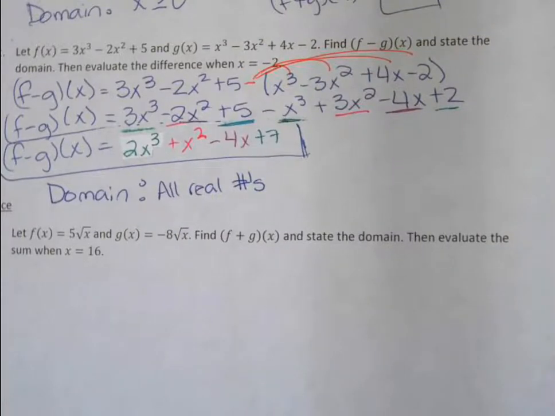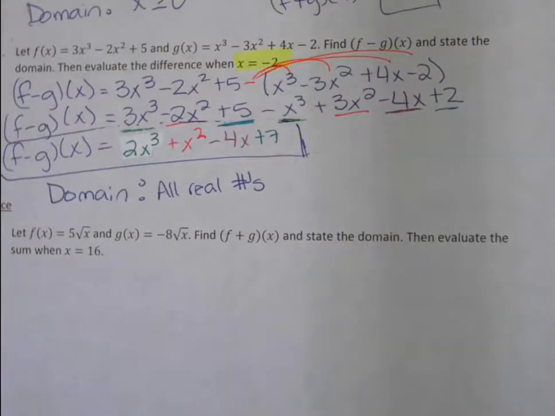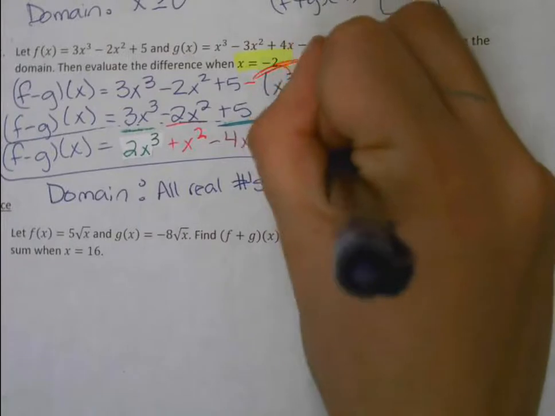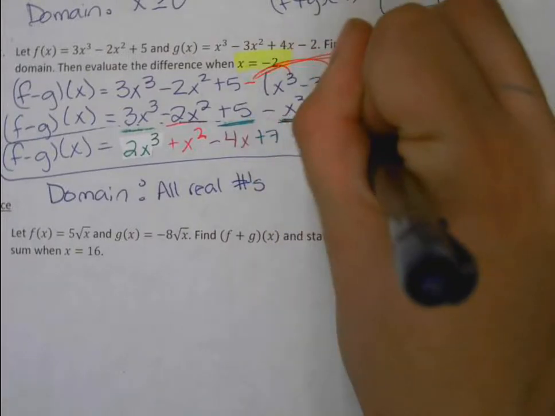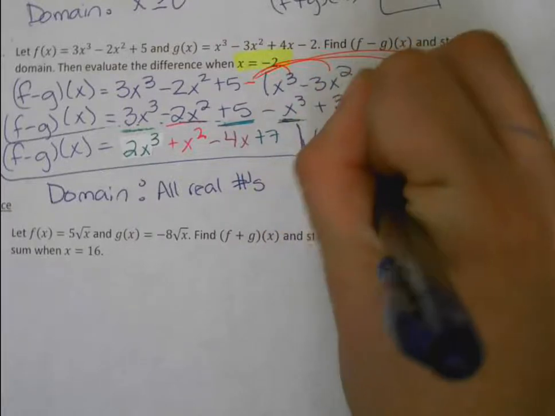And then the problem wants me to plug in -2. So it says -2 right there, and I'm going to plug that in to the one I boxed.